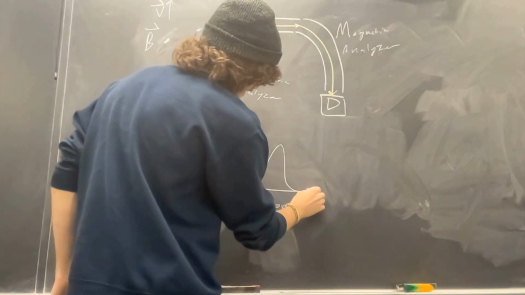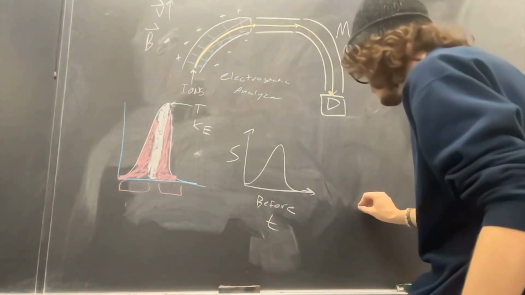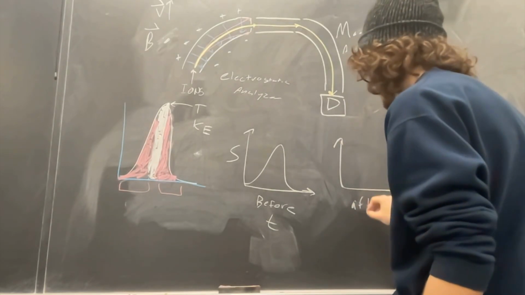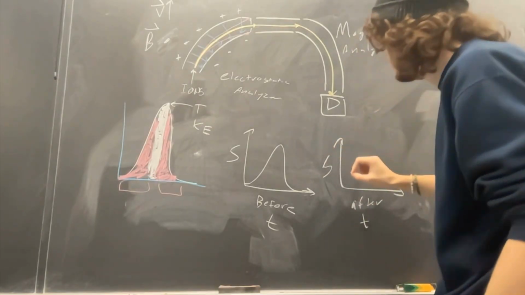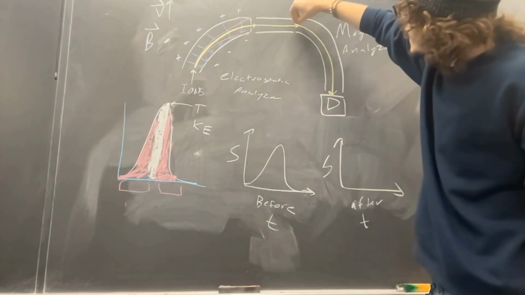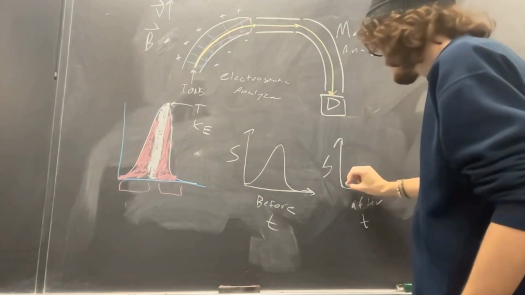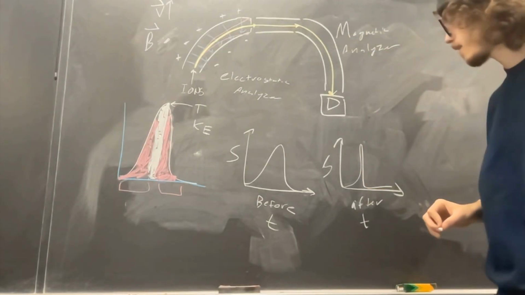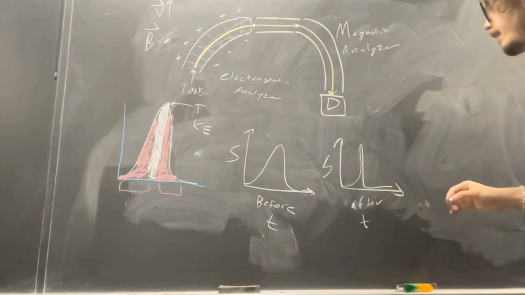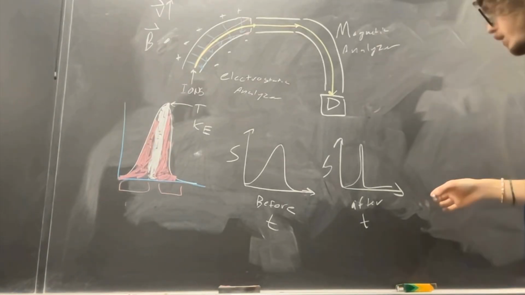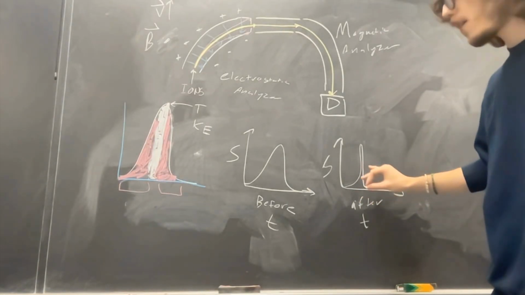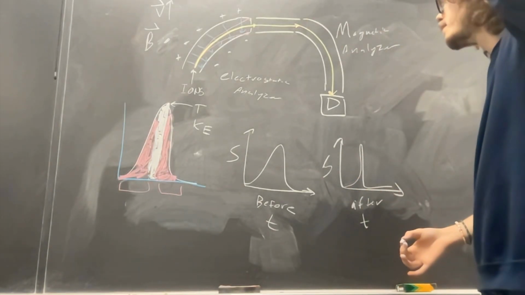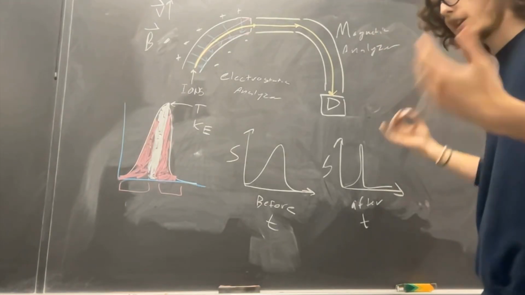However, now, if we look at the after, time and signal, we're bringing this in, it's hitting the detector, and now we're going to get a very, very sharp peak. It's going to help our resolution, because resolution is a function of the width of this peak. If the width goes down, the resolution goes up, and thus we get better resolved peaks.